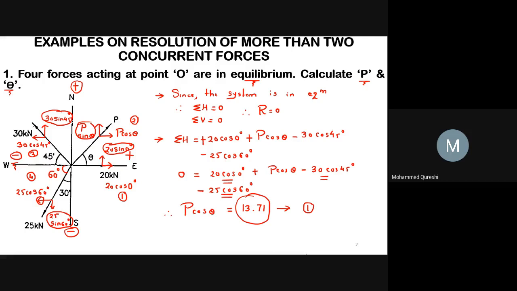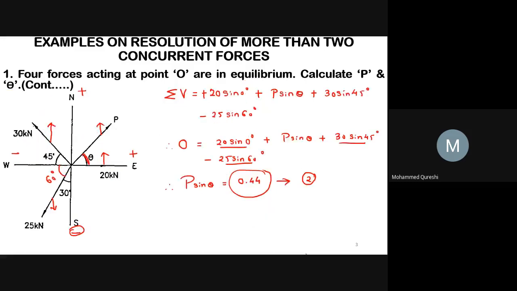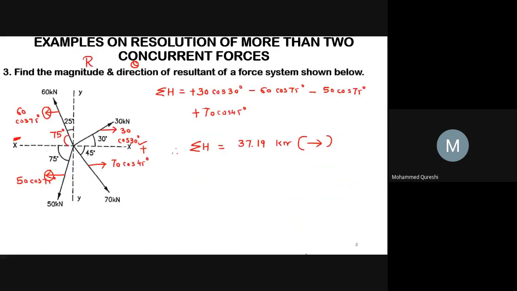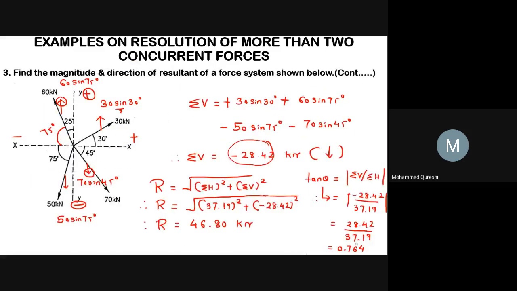Just remember the conditions of equilibrium for coplanar concurrent forces. First is sigma H equals to 0, second is sigma V equals to 0, and third one is that R must be 0. How will you get R? Under root of sigma H square plus sigma V square. And remember one thing: if sigma H is positive and sigma V is positive, then your resultant will be in the first quadrant.